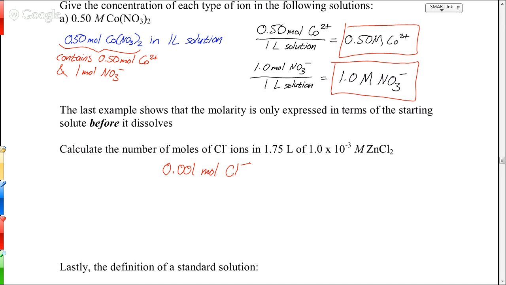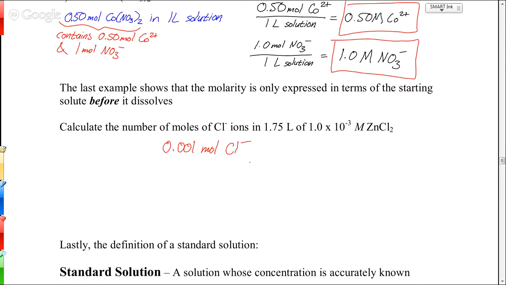Let's go through it and see. You can put this together like the canceling units approach we've been doing, in case thinking about the ions having a different concentration is getting too confusing. We start with 1.75 liters of solution, and we want moles, so we want something that gives us moles per liter.